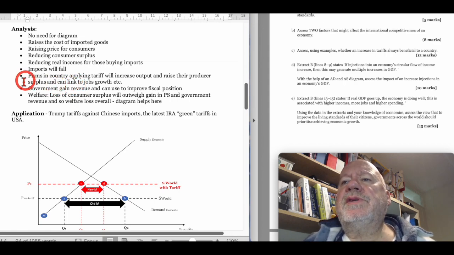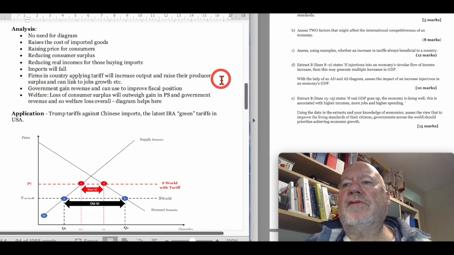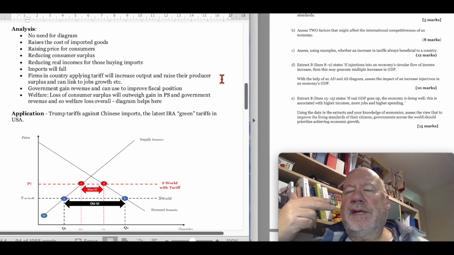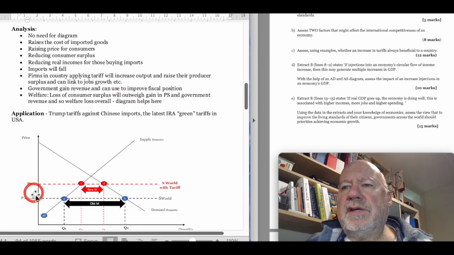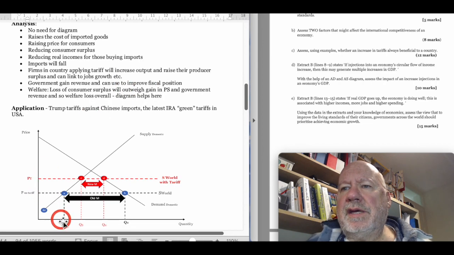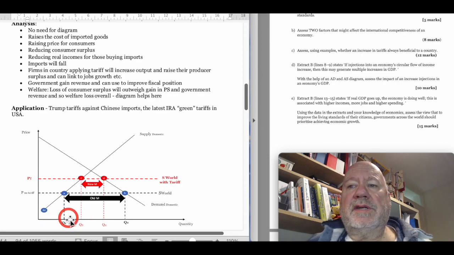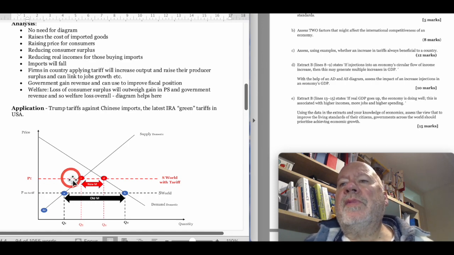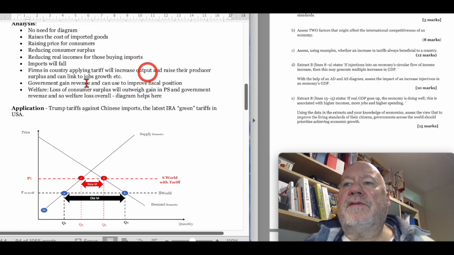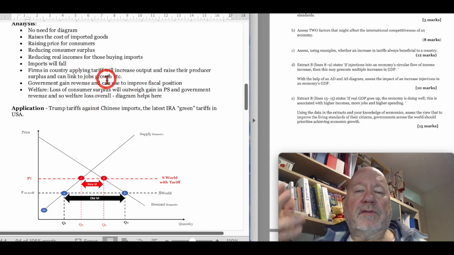But also the firms in the country applying the tariff will increase their output. So any country that is putting a tariff on like this one will increase the output from this level here, and the firms in this country are going to have a rise in the producer surplus, which is this area here, and so that is going to be beneficial for jobs, etc. The government gets some revenue, and that can improve their fiscal position.